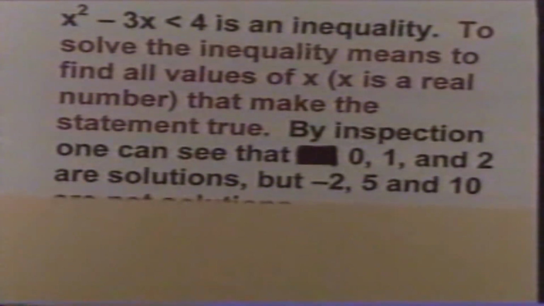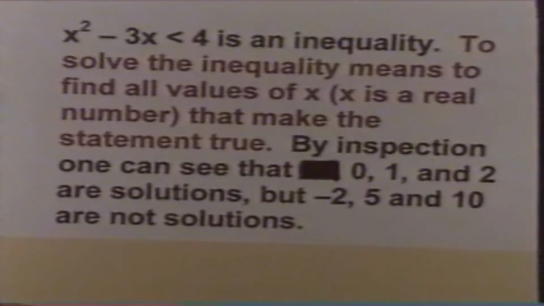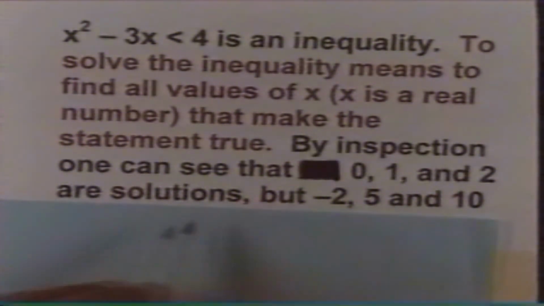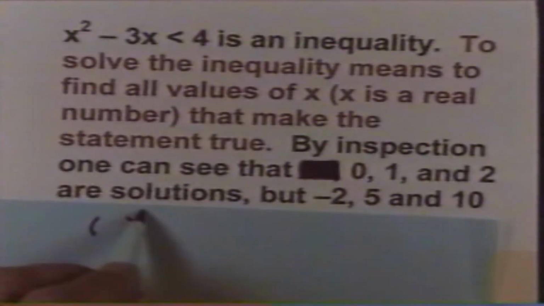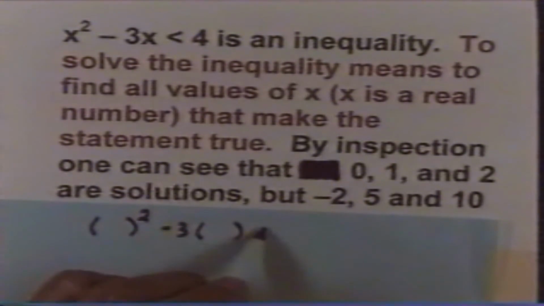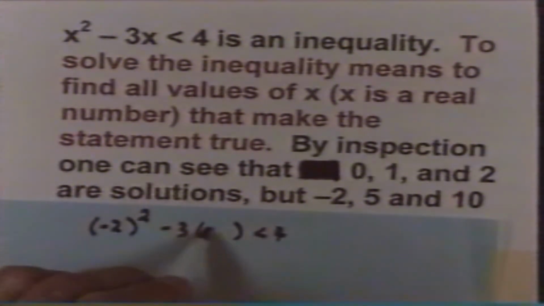Negative 2, 5, and 10 are not solutions. They will not make the inequality true. Let's just look at negative 2. Again, replace the x with the parentheses, copy everything else the same, and then we're going to substitute in negative 2.